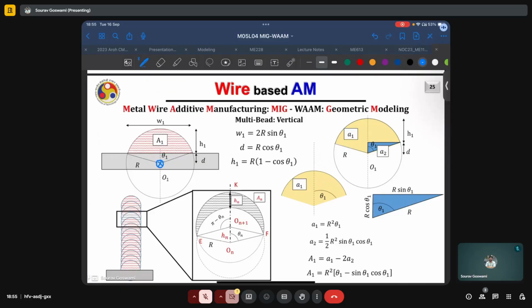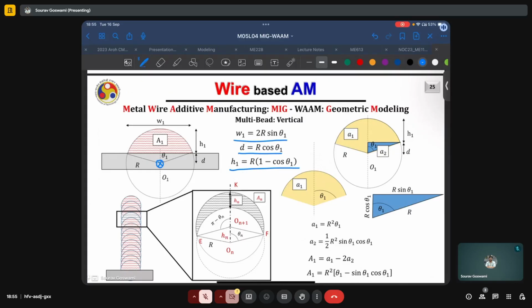We can find the width of the bead and the height of the bead in terms of the radius of the circle and the angle which has been subtended. The width will become W1 equals 2R sin theta 1. The dilution depth will become R cos theta 1, and the height will become R times (1 minus cos theta 1).